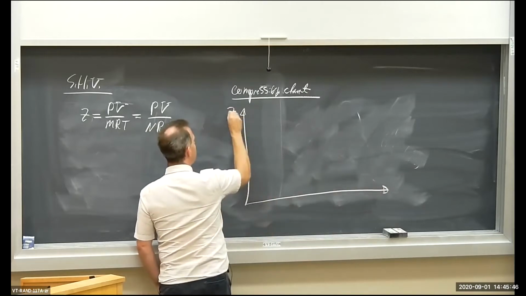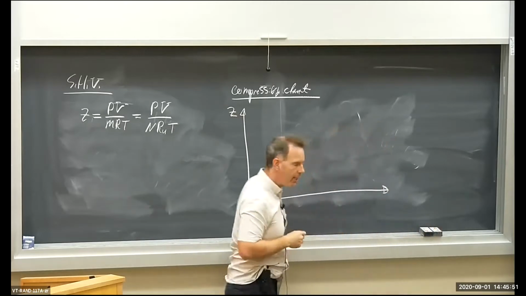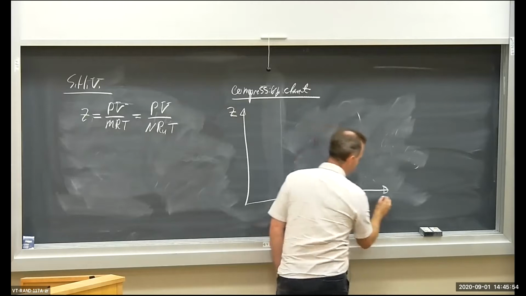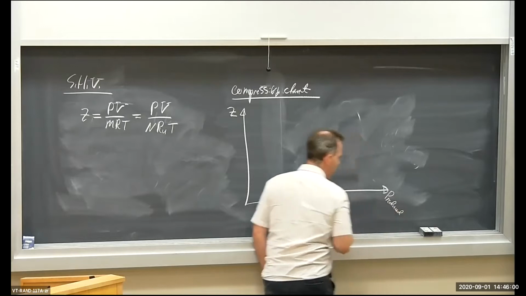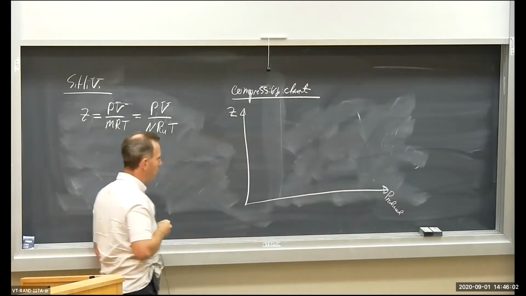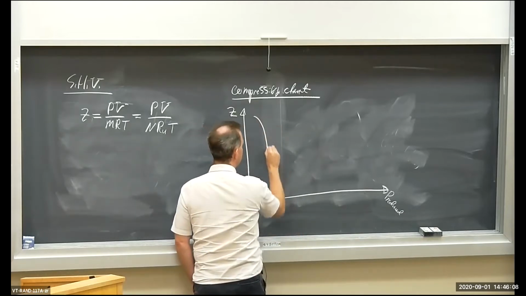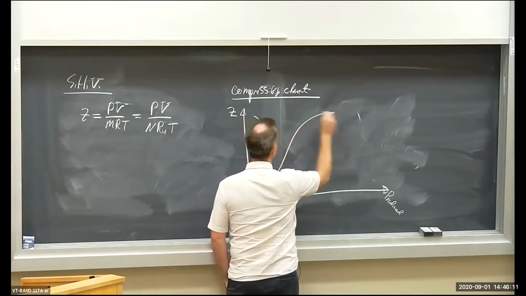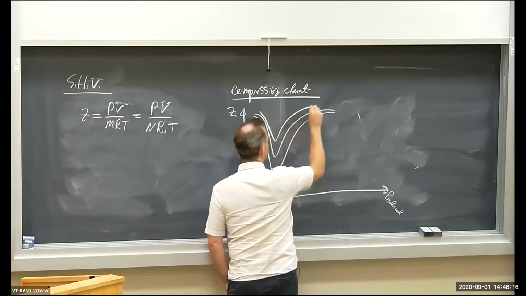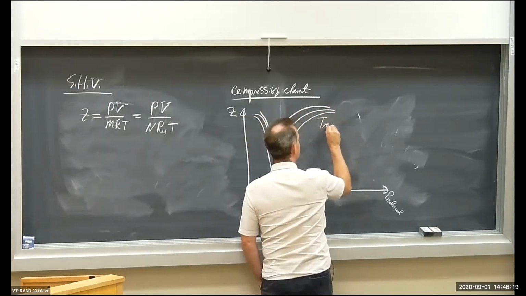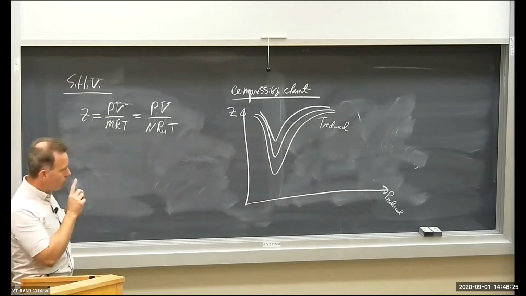It is Z on the y-axis, the compressibility factor, a quantity called the reduced pressure, P reduced or P_R, and then curves of constant reduced temperature, T reduced. Okay? So I'll tell you what reduced means in just a moment.